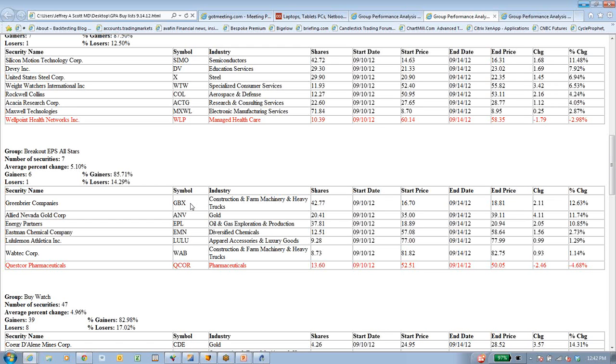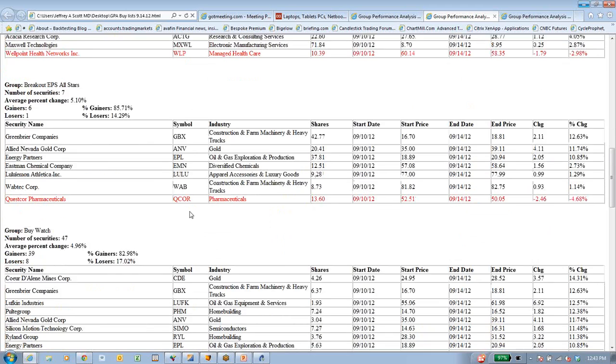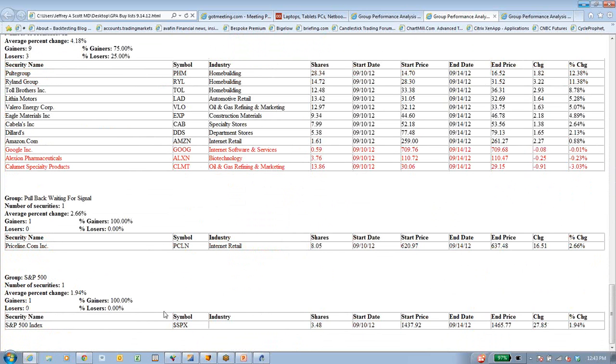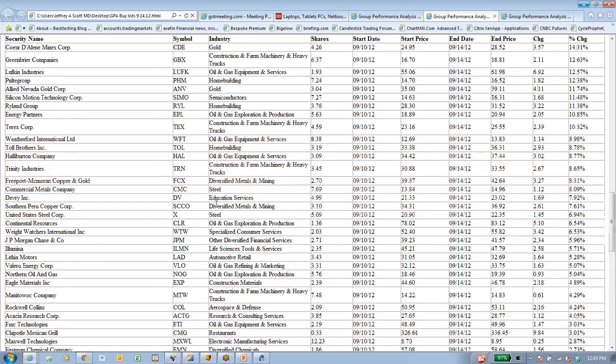But I also mentioned last week on my call that there were train companies, Greenbrier, Trinity, I think even LabTech is one of them, that were showing a lot of strength. When I get down here, as you can see, S&P 500 relatively underperformed. You can see the various stocks are listed in the different groups and how they did.